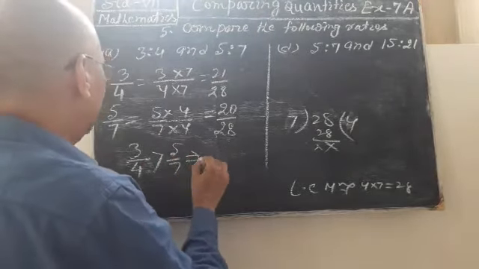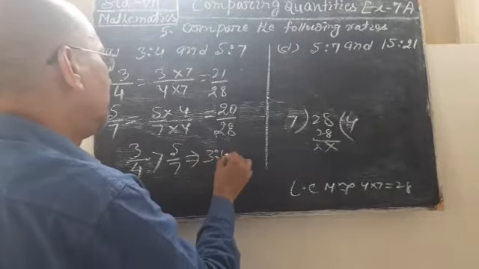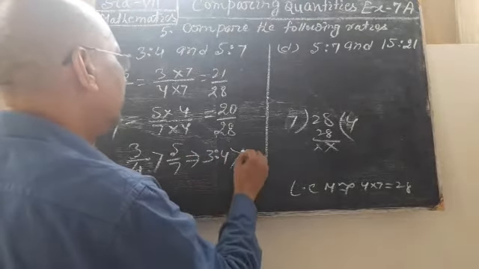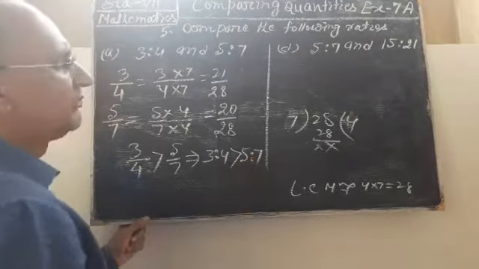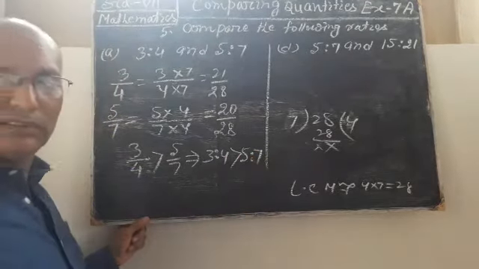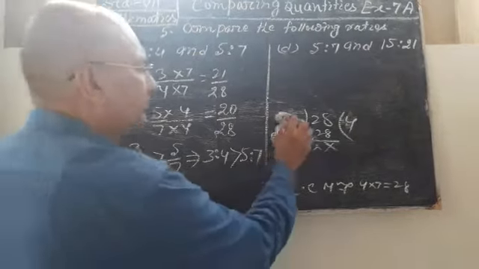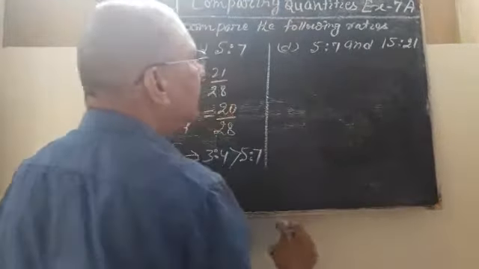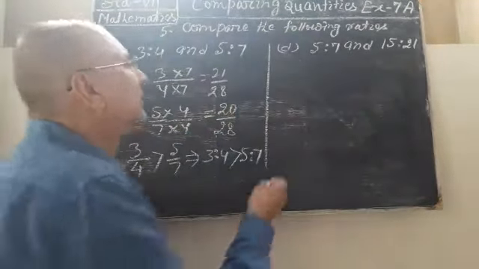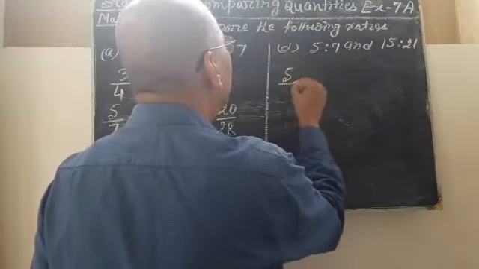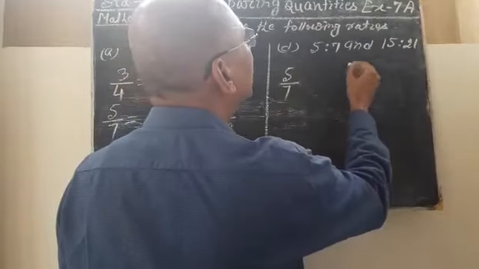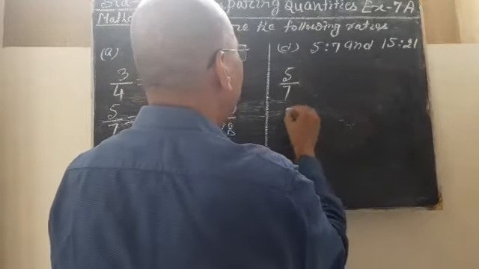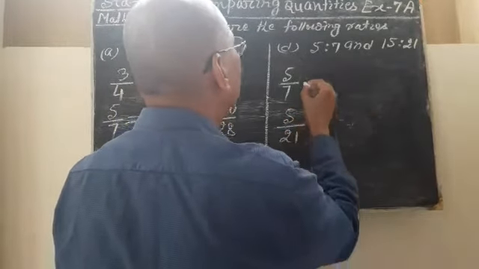Ultimately you can write 3:4 is greater than 5:7. Now the second one is 5:7, and this one is 15/21.